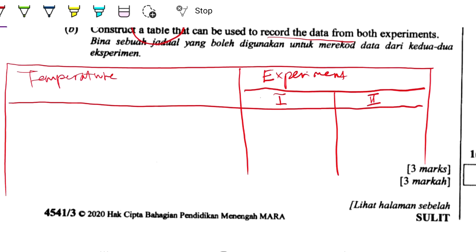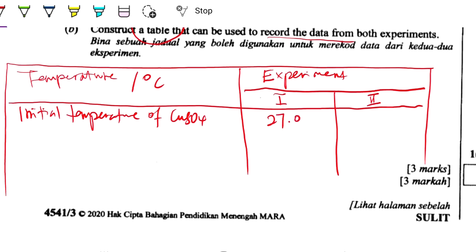First, we need to write the initial temperature of copper(II) sulfate solution. I can put it here. So the initial temperature is 27.0.